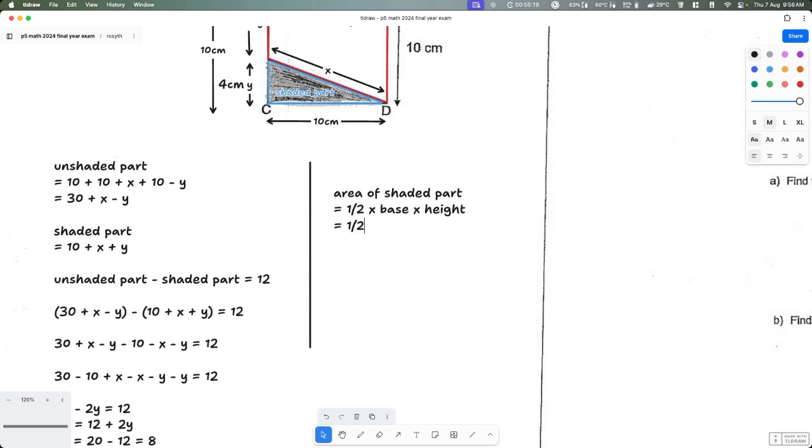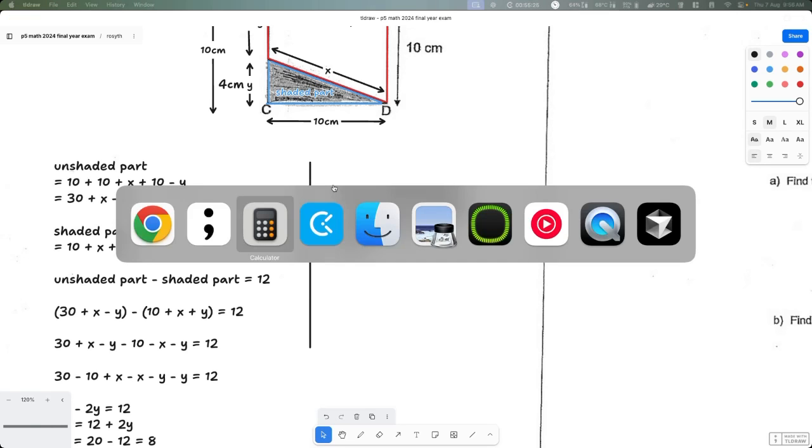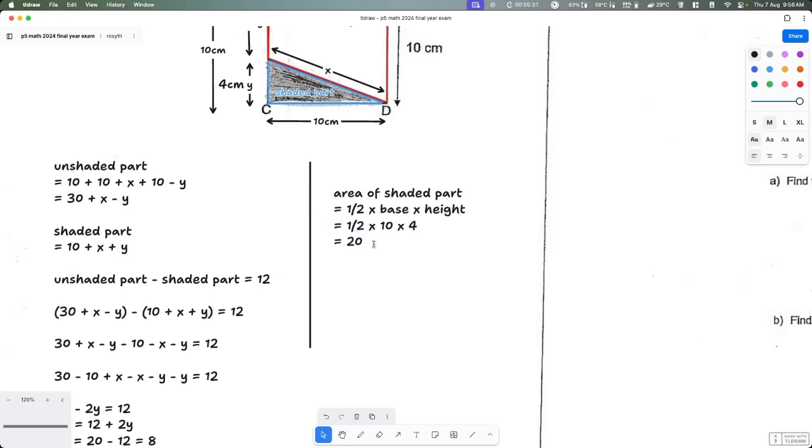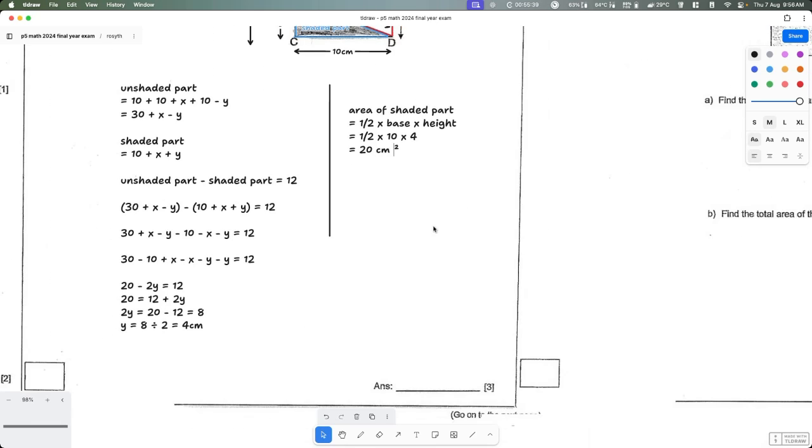The base is 10 and the height is 4, and in this case it is 20. Let's double check with our calculator: 0.5 multiplied by 10 multiplied by 4, 20 centimeters squared. There you go. So the answer is 20 centimeters squared.